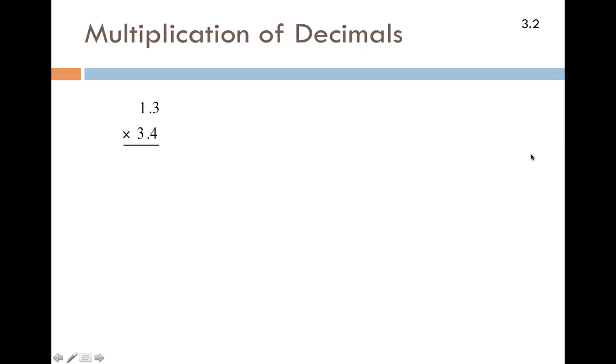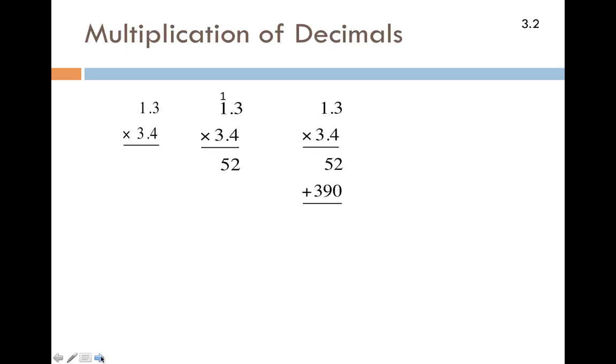That is correct. So if the problem has 2 numbers behind the decimal, then the answer is going to have 2 numbers behind the decimal. So we're just going to multiply 13 times 34.